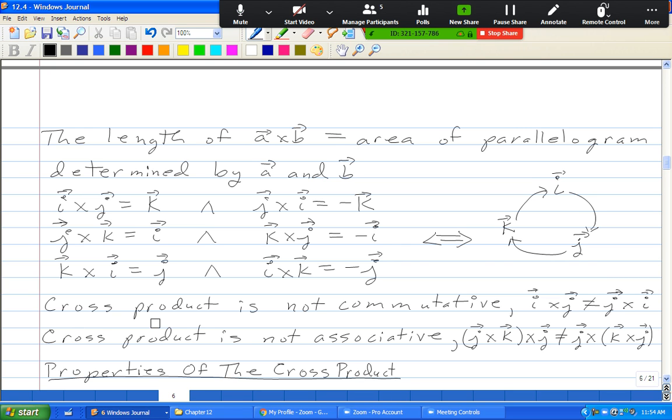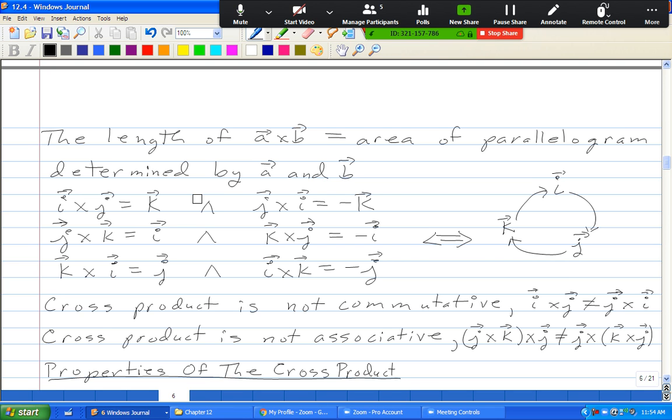So the cross product is not commutative. Notice that I cross J is not the same as J cross I. It's equal to its opposite. If you do I cross J and J cross I, you get the negative of the value. Okay.